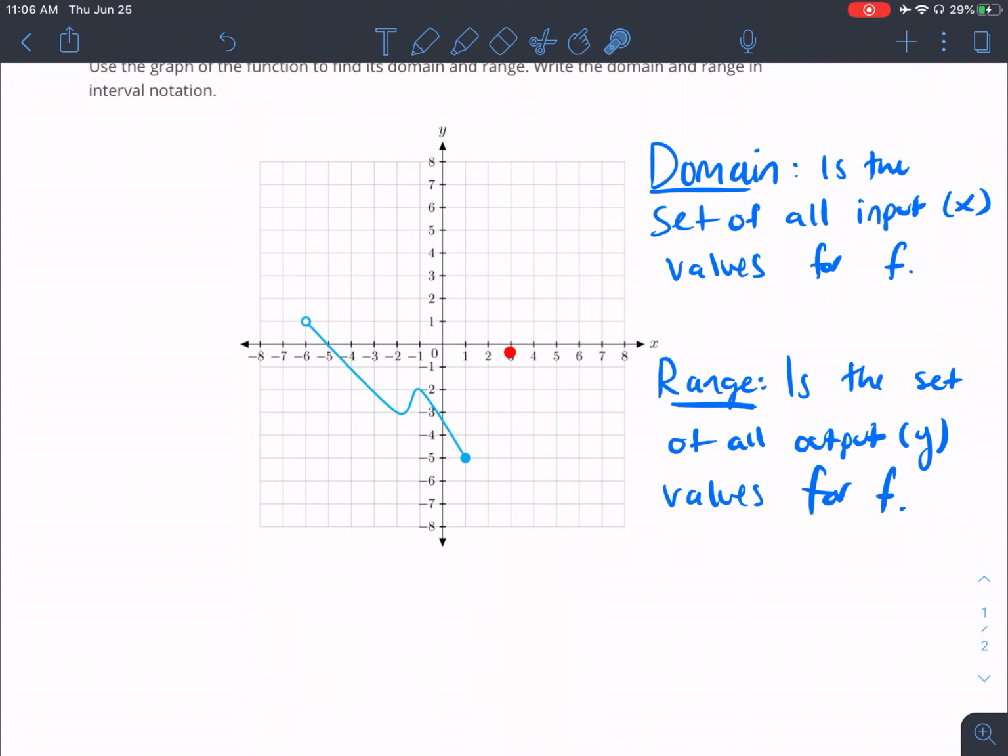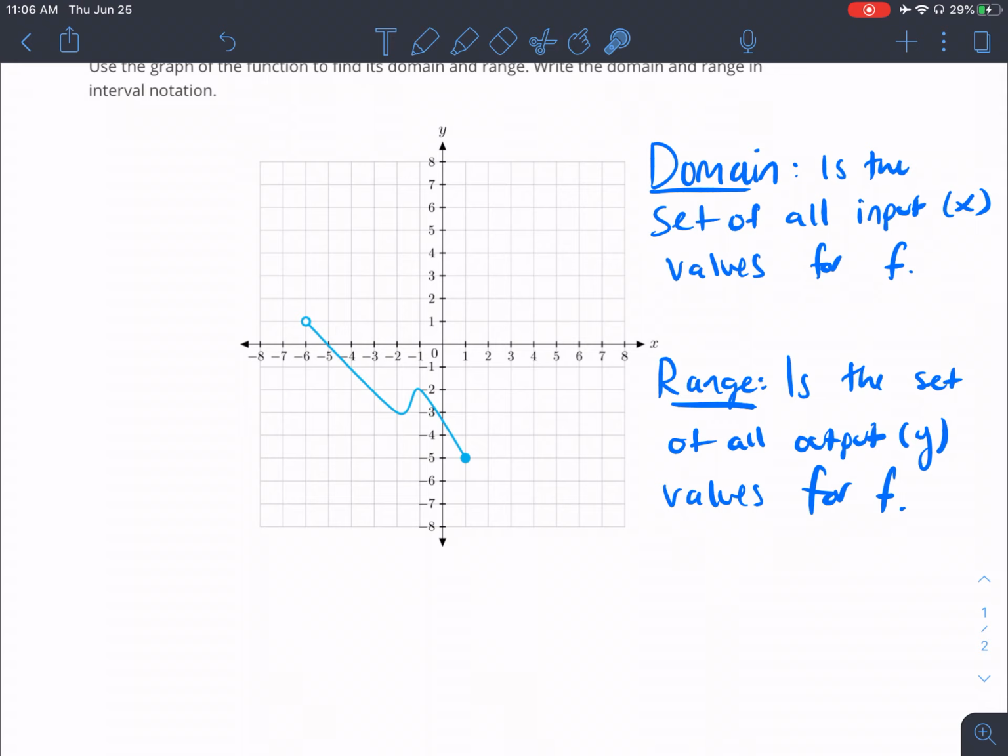That means that x being 3 is not an input value, so it is not in the domain of our function. At x equaling 1, that x value is part of my graph, corresponding to this point here, which means that 1 is an input value for my function f, so it would be included in our domain.